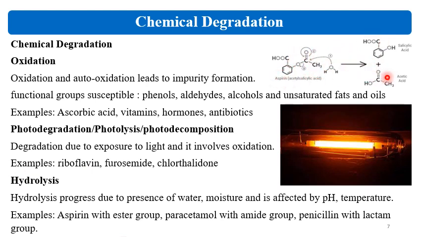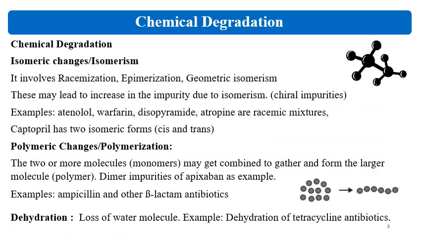Aspirin gets hydrolyzed and converted to salicylic acid and acetic acid. Examples for hydrolysis are aspirin with ester group, paracetamol with amide group, penicillin with lactam group. So hydrolysis happens and this leads to the formation of impurities and the degradation of the APIs.